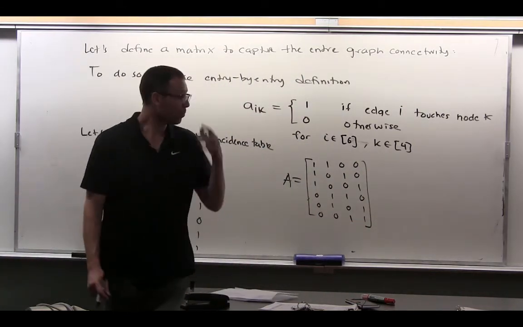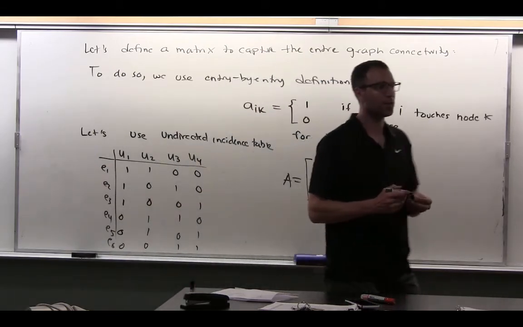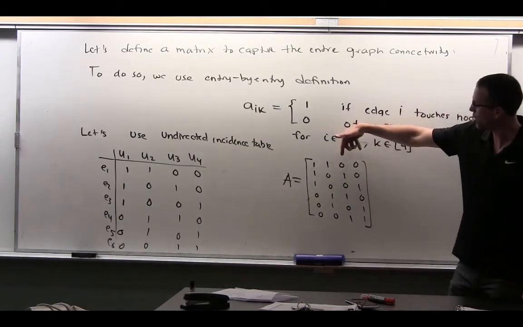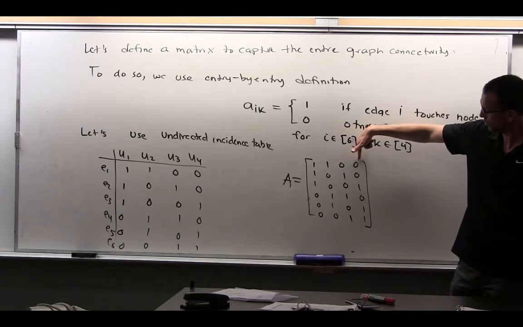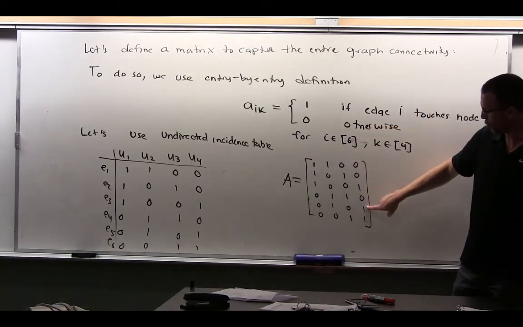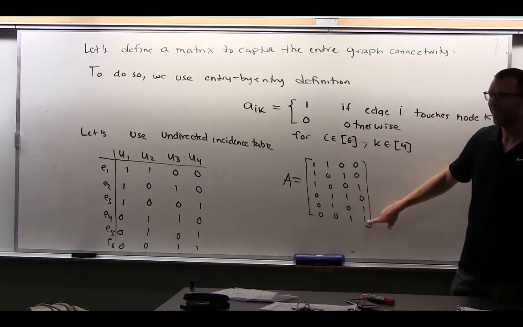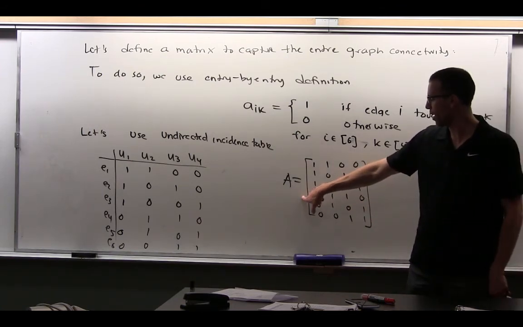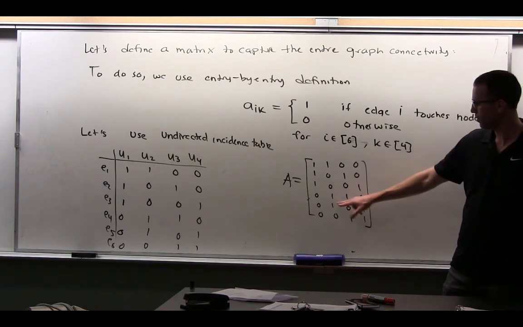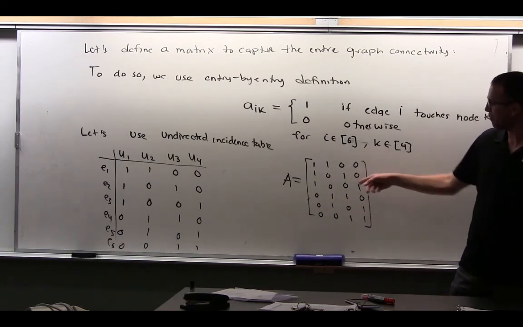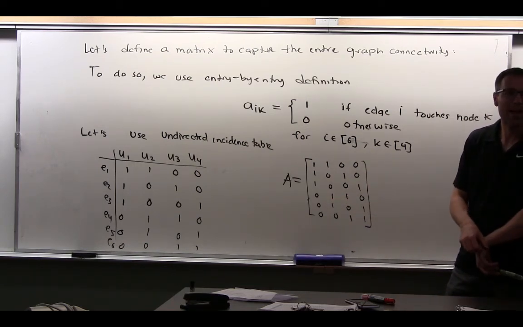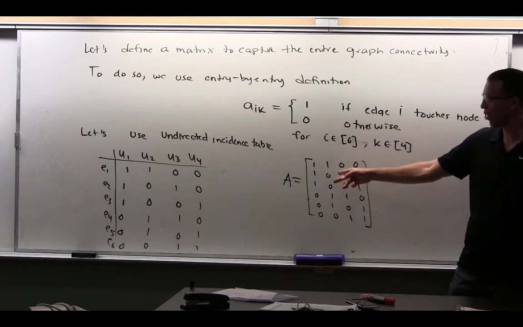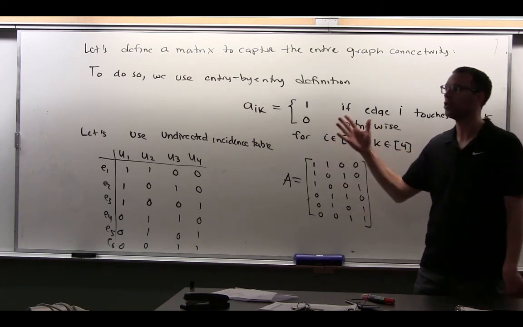Claim the entire topology of that graph is right in that matrix. How many edges touch node 4? 1, 2, 3. Right? Which nodes does edge 4 touch? 2 and 3. Everything I need to know about that graph is now in that matrix. I could draw a graph just by looking at the matrix, and I would lose no information, right?